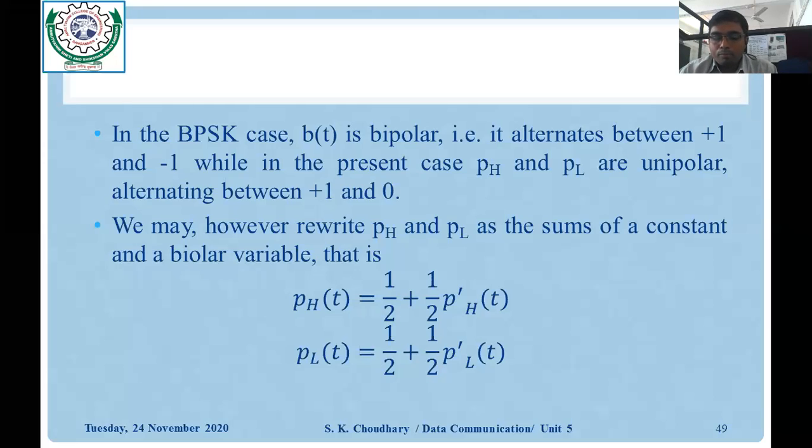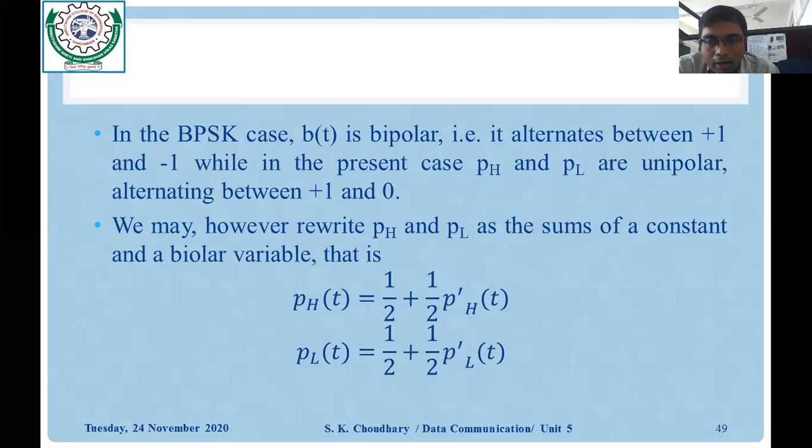Now here, P dash HT and P dash LT are what? They are polar signals, that is +1 or -1. If P dash HT is +1, PHT would become 1. If it is -1, it would become 0.